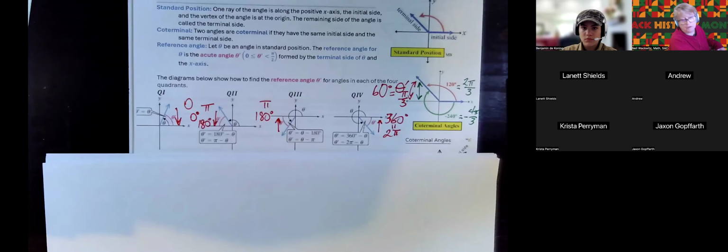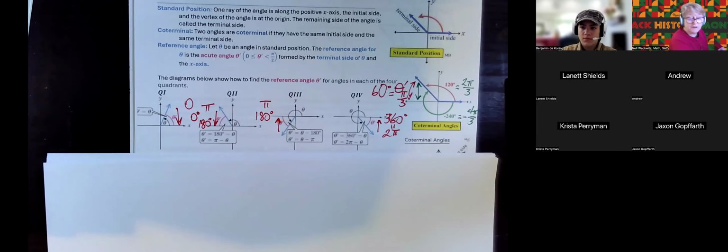So we were using reference angle terminology before this, but now we've got reference angle defined.